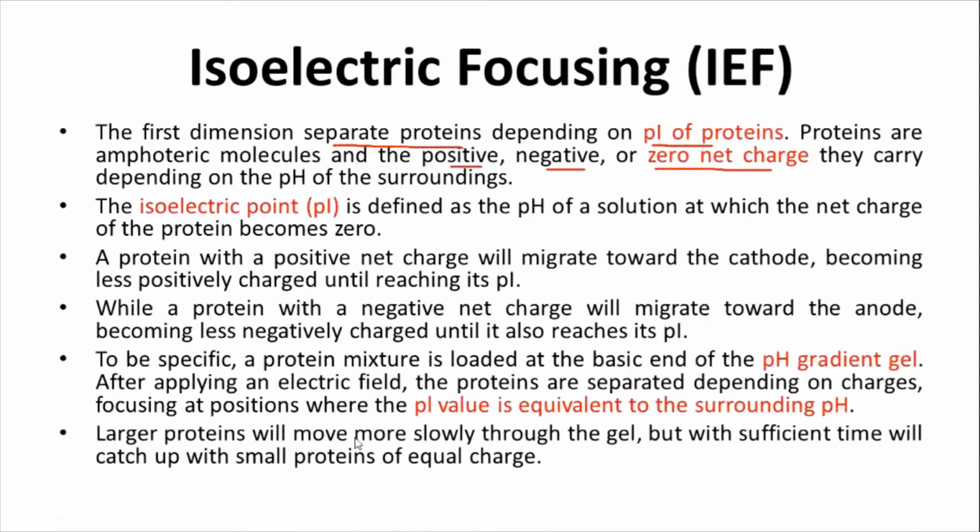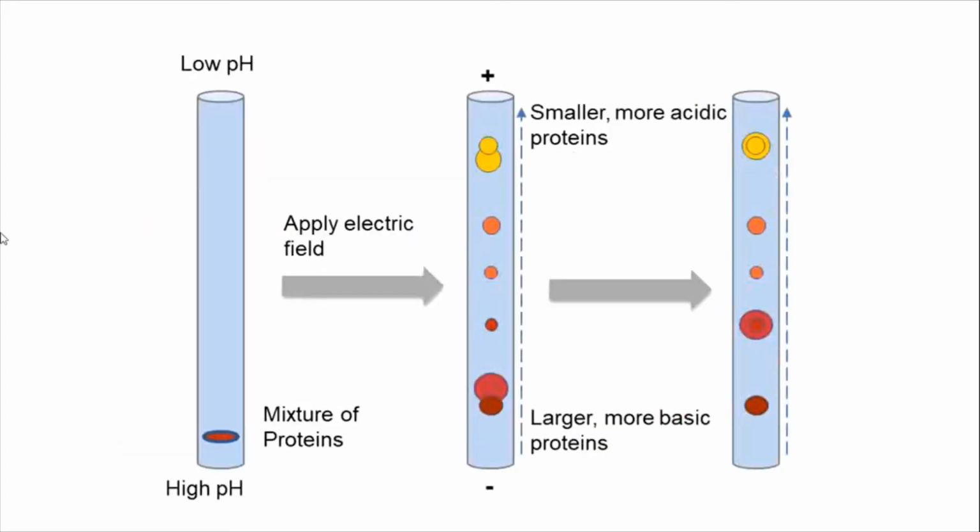Large proteins will move more slowly through the gel, but with sufficient time will catch up with small proteins at equal charges. But we consider only the pI, not the size. Suppose we give so much time for separation, it can reach the corresponding place.